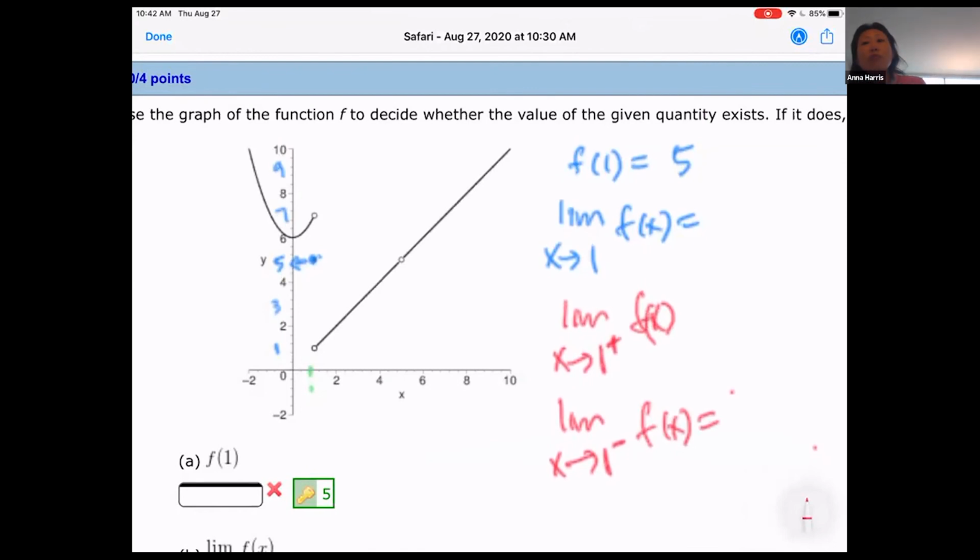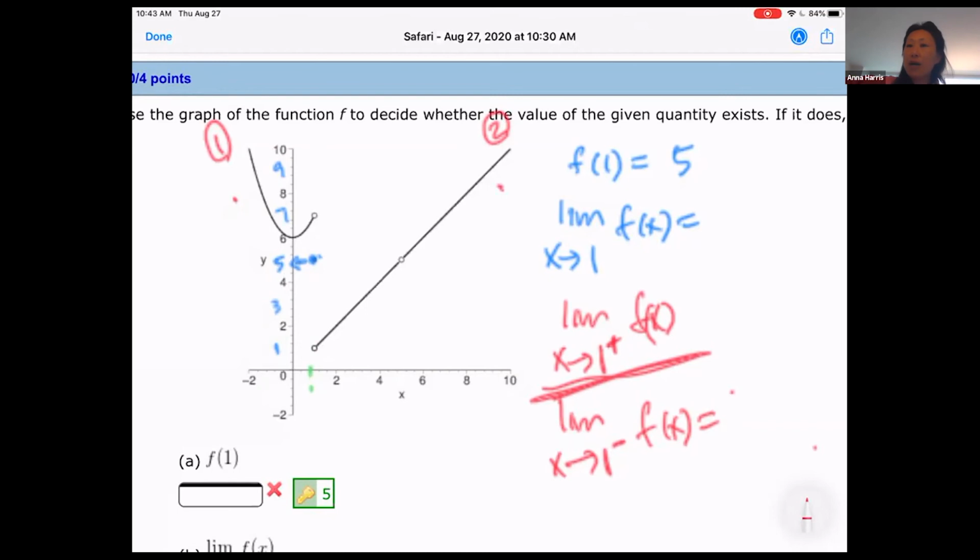Okay, let's look at from the right. Which graph should I look at? First graph or second graph for the right? Which graph do I need to look at? This graph or this graph?